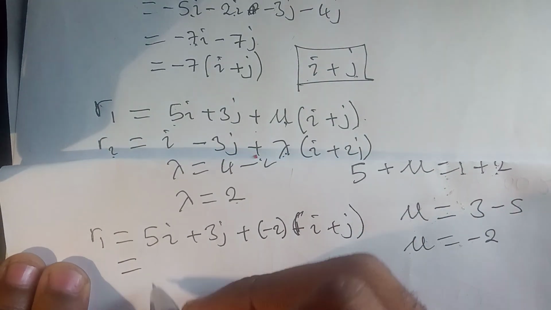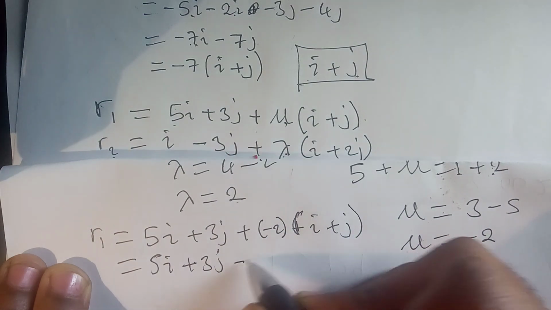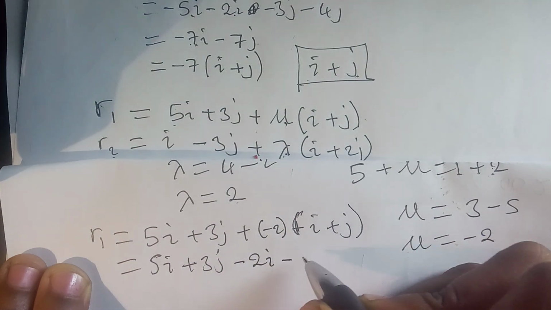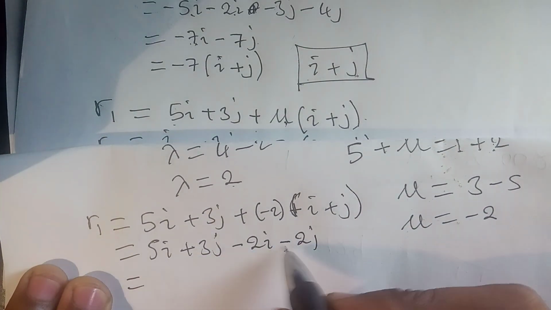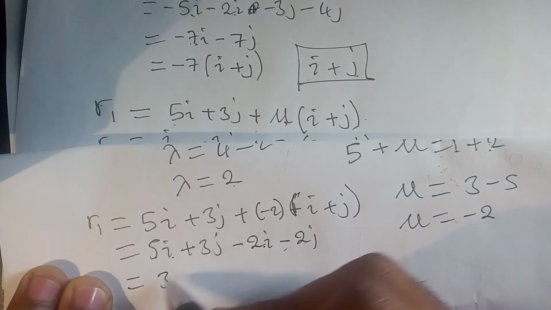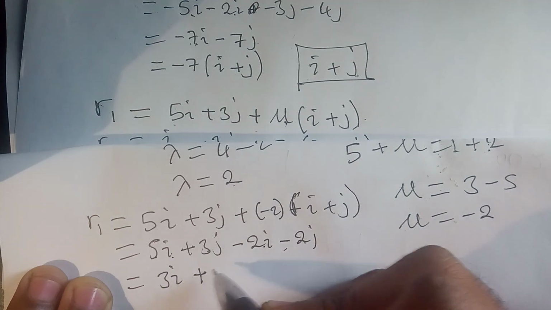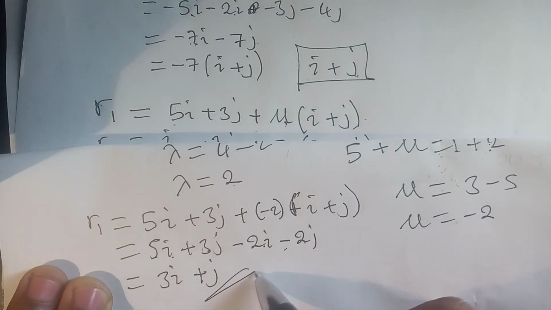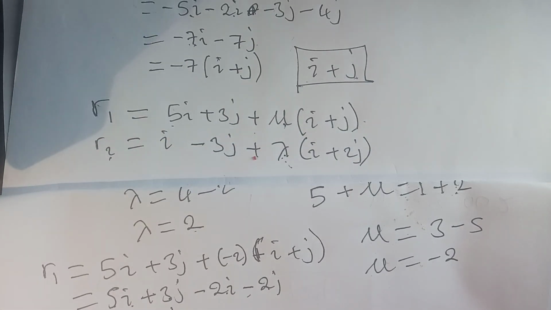When you simplify this, you have 5i plus 3j minus 2i minus 2j, and then you can subtract: 5i minus 2i, this will be 3i, 3j minus 2j, this will be a j. So this is the point you are looking for. I think that's the R, the meeting point.